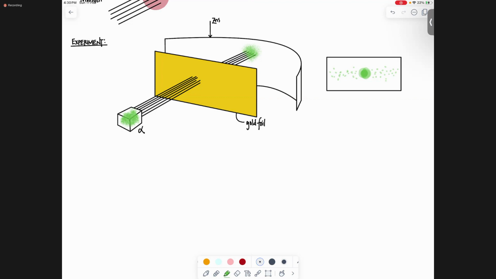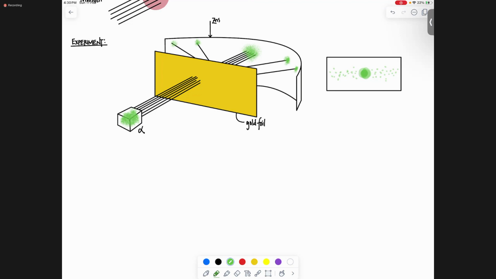Why would your ball suddenly deflect to the left and right? It's like it hit something and went away. So that's when they started wondering, wait, what happened here? Because what they see is that the particles, after crossing the gold foil, go and hit the sides like that. So this shouldn't happen, because there's nothing inside the atom that can do this to an alpha particle. So that was the first confusion they had.